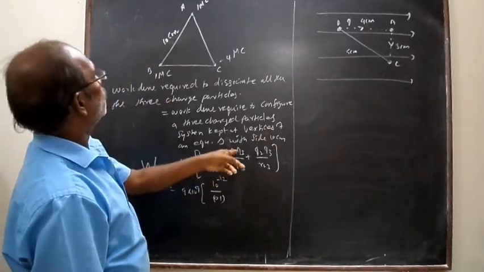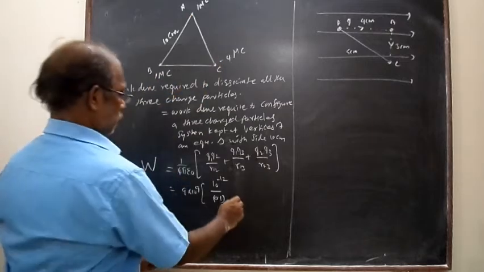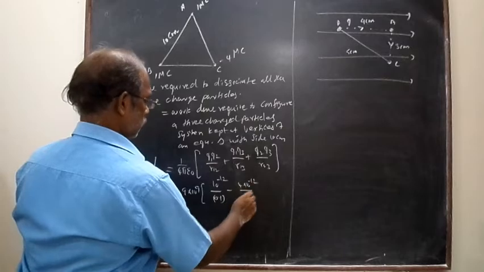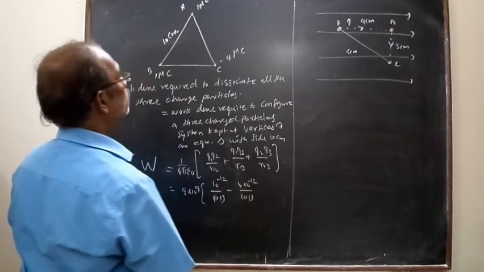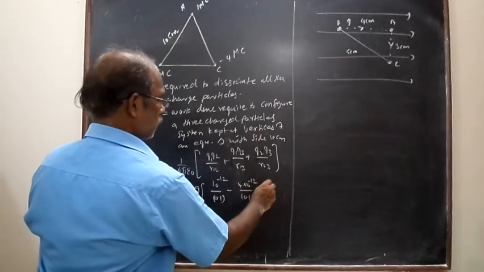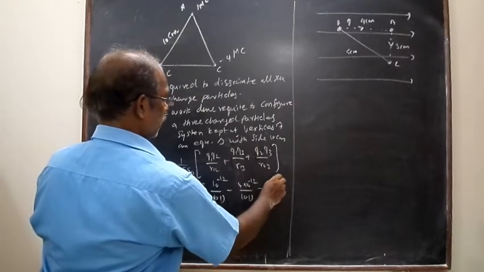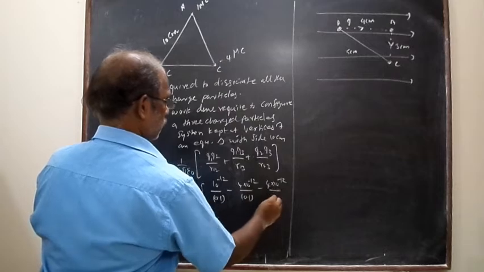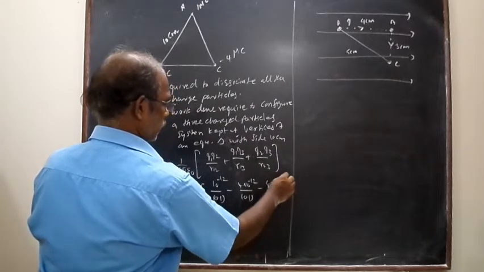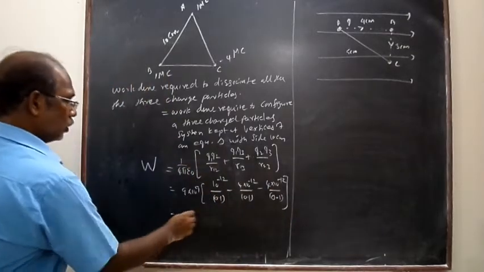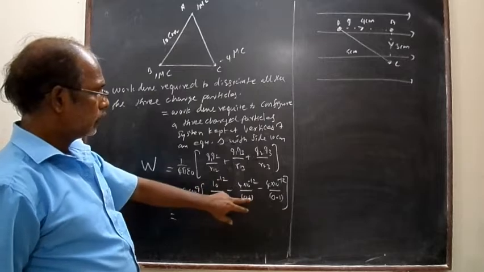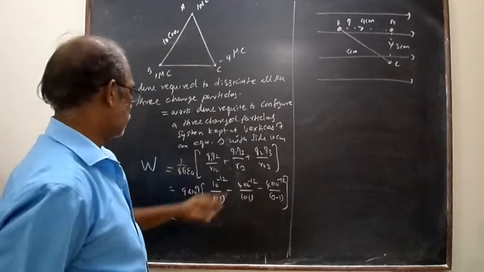The next one, q1 q3 is minus 4 into 10 power minus 12, divided by 0.1. q2 q3 is minus 4 into 10 power minus 12, divided by 0.1, that is 10 power minus 1. Including the 0.1, 1 by 10 gives 10 power minus 13 for each term.